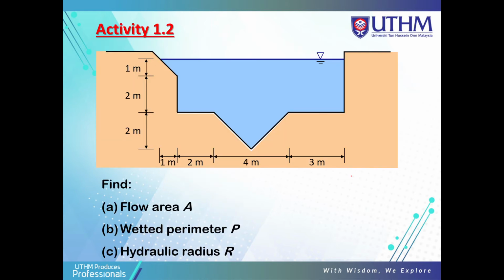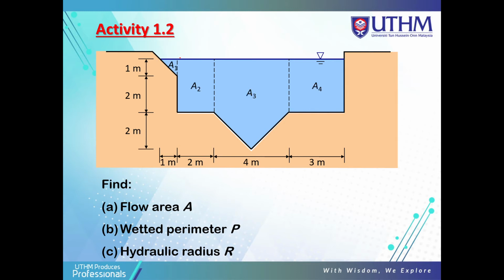So we just look at activity 1.2. Find the flow area, wetted perimeter P, and hydraulic radius. For the area, we can divide the area of this channel. This is a combination of the triangular, rectangular, and trapezoidal.